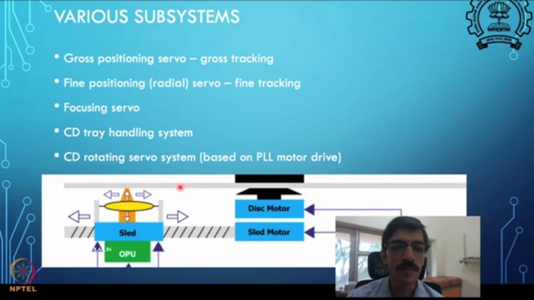Okay, and that can be maintained by using something called a phase lock loop kind of drive for this motor. This is a BLDC motor, a brushless DC motor, and its speed is controlled by using this phase lock loop drive. Its drive and other systems we'll see a little later. It is like a three-phase motor.